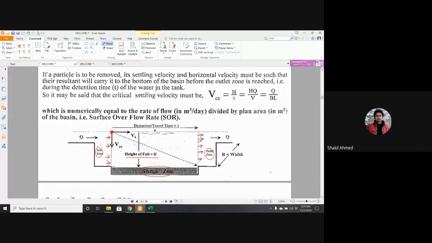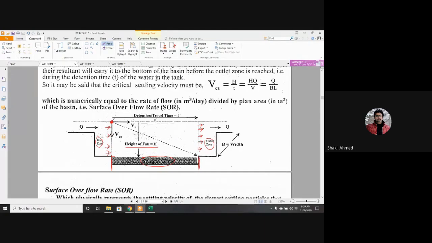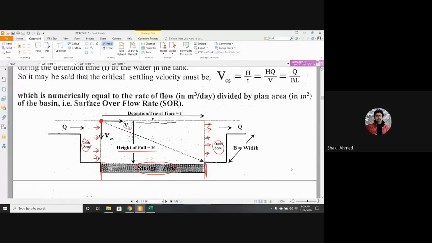This is the horizontal velocity, this is the settling velocity, and this is the resultant.